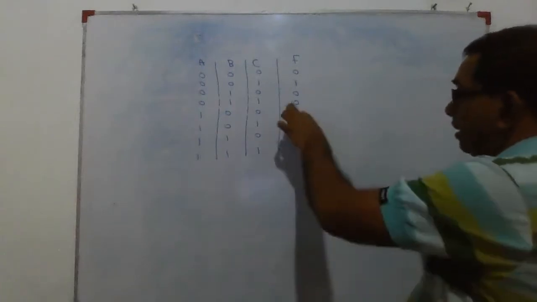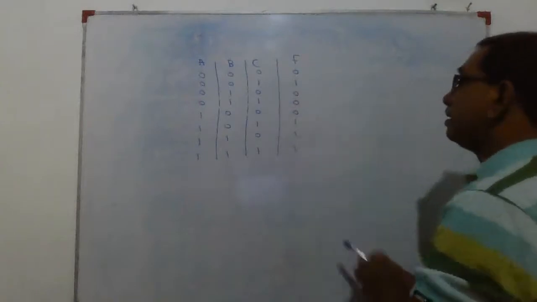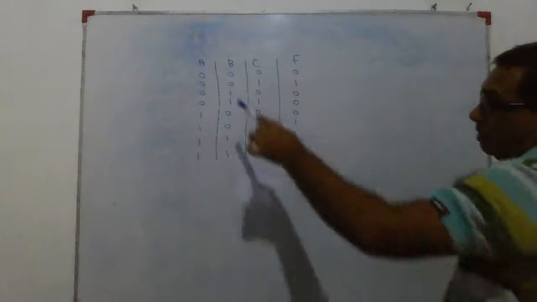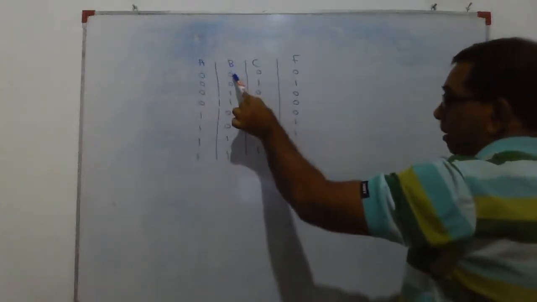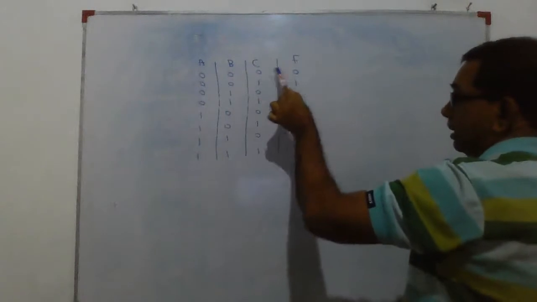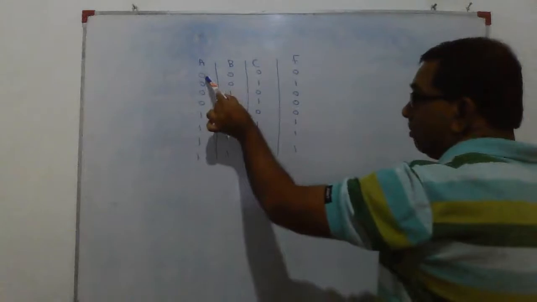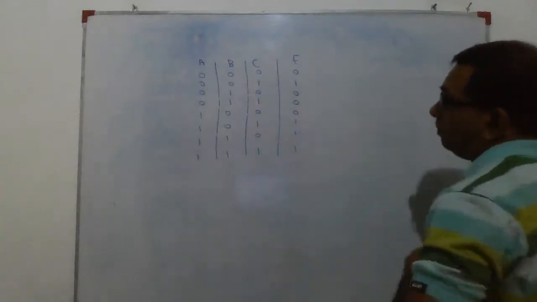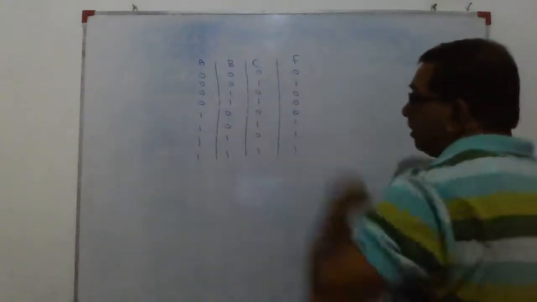So if you get the complement value of these places, you can get the same answer. So here A bar and B bar and C equal 0. Again check A bar and B bar and C bar is 0. But we get the complement of it.